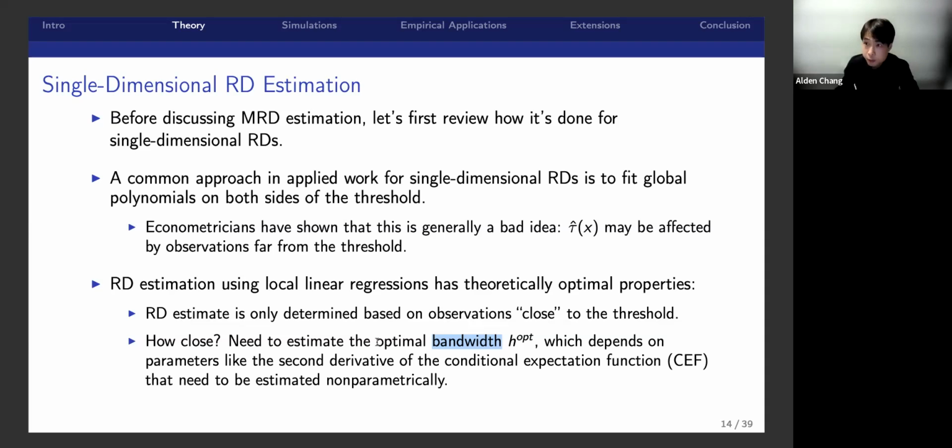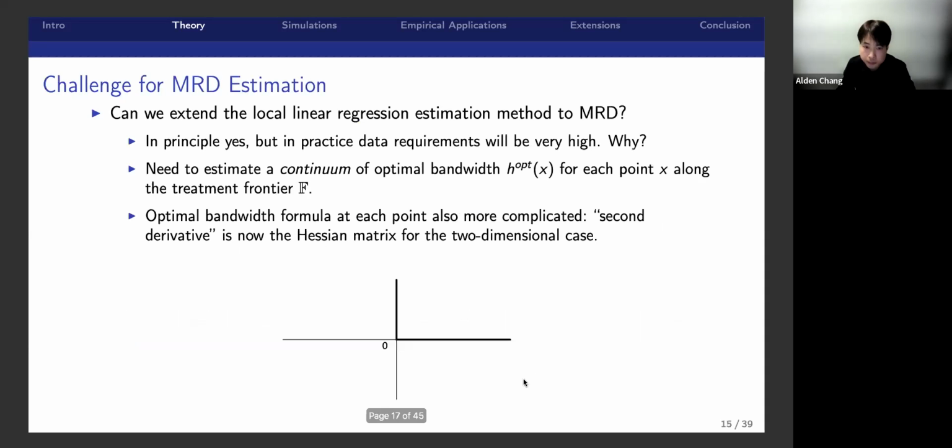There's a formula for the optimal bandwidth for local linear regressions, but it is quite complex and it depends on parameters like the second derivative of the conditional expectation function, which we also need to estimate non-parametrically. So it is not that straightforward to estimate, but people do it for the single dimensional case.